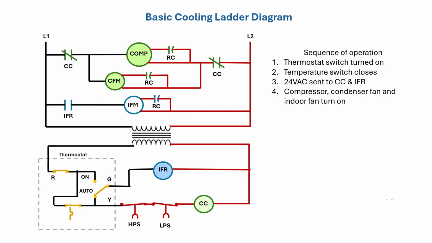The condenser fan and compressor turn on. The indoor fan relay closes and the indoor fan turns on. The high pressure switch opens. The compressor and condenser fan motors turn off and the indoor fan motor remains running.